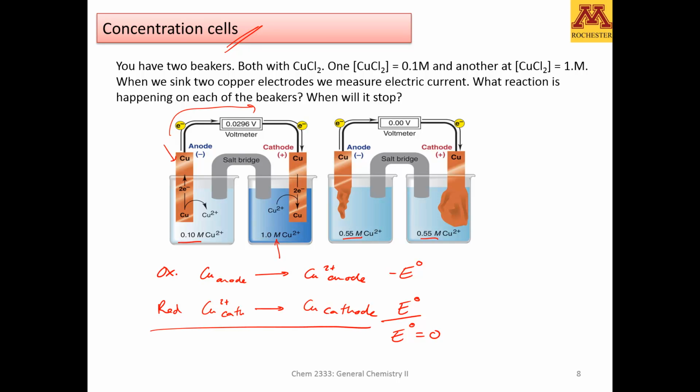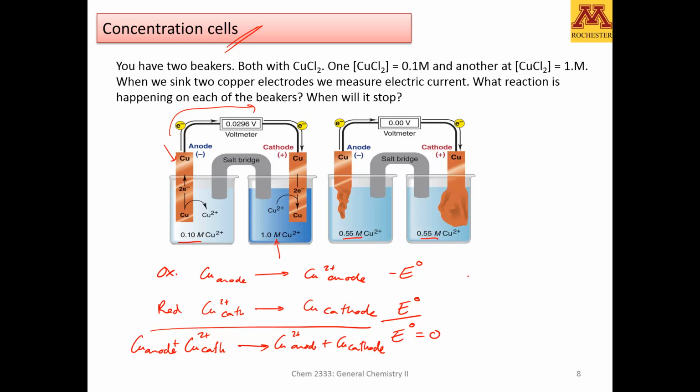So the only thing that makes concentration cells move is the difference in concentration. The overall result is a net move: copper in the anode disappears, and copper 2 plus from the cathode disappears to become copper 2 plus in the anode and copper in the cathode.